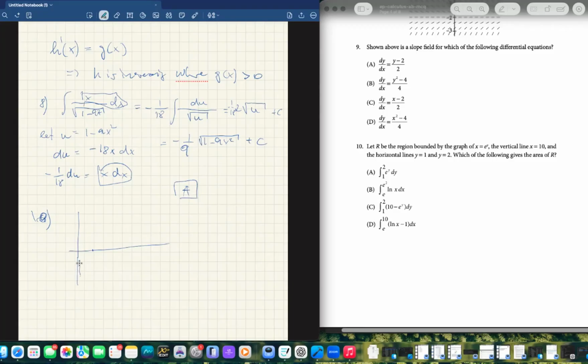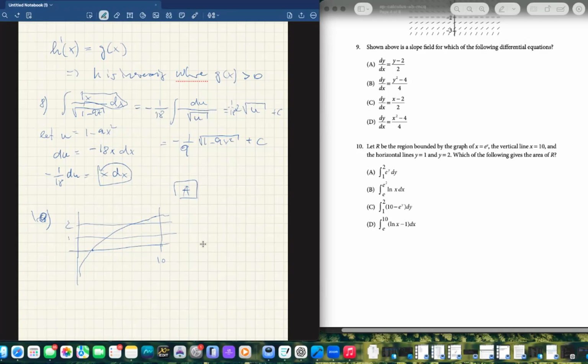So it goes like so. And then x equals 10. And y equals 1 and y equals 2. So it's this area here, between 1 and 2.